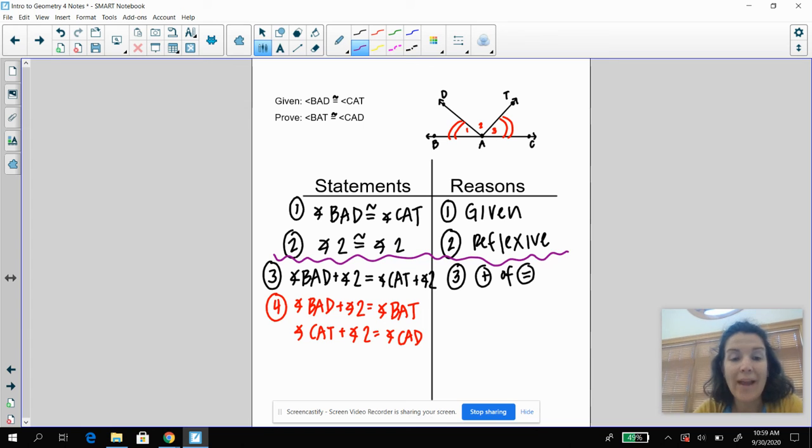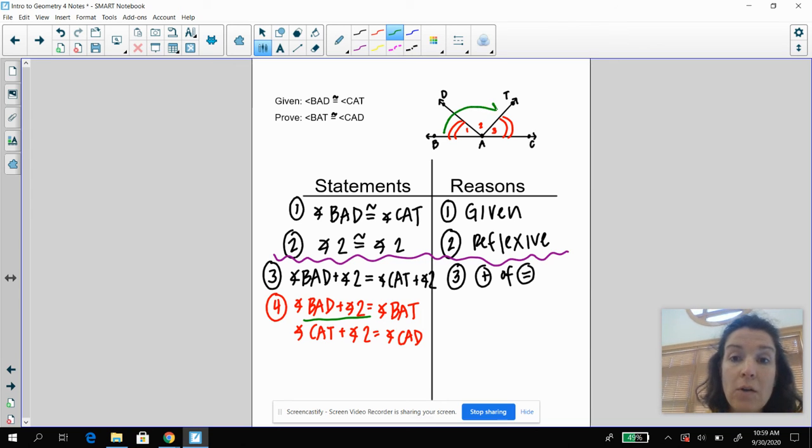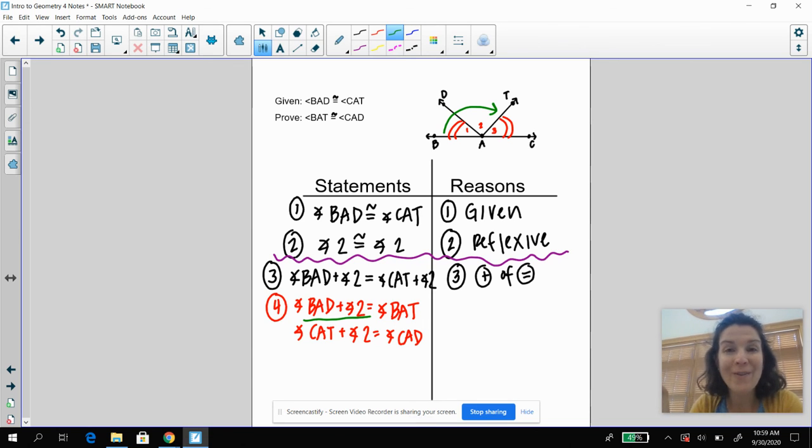Okay, so now step 4, look. I know that BAD plus 2 is equal to angle BAT. So wait a second, angle BAD plus angle 2 is equal to this larger angle. All we're doing here is renaming BAD plus angle 2. You would never walk around calling it BAD plus angle 2. That's so embarrassing.